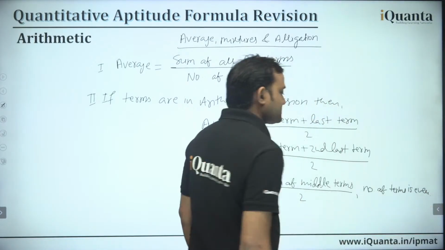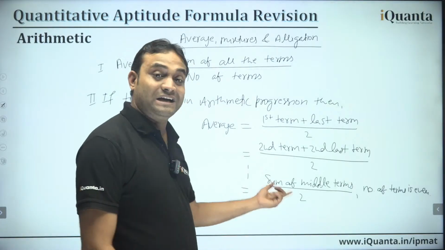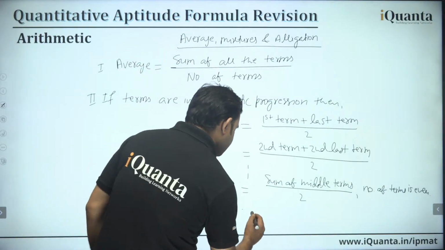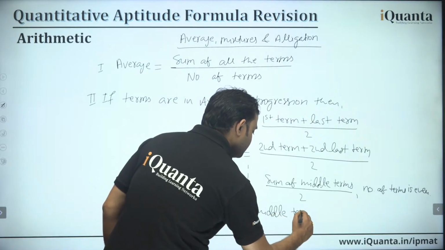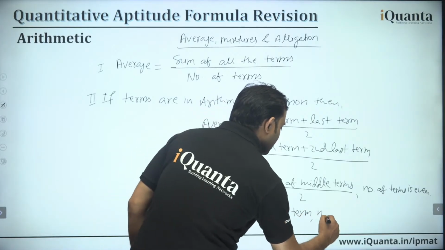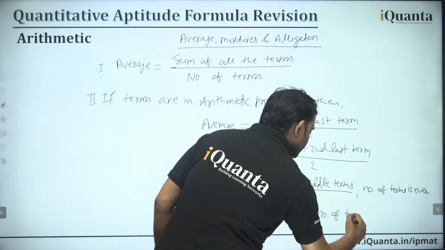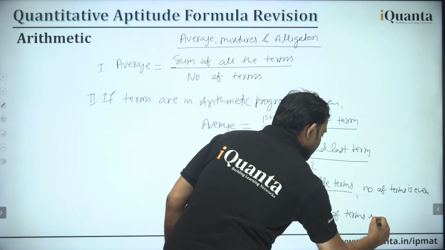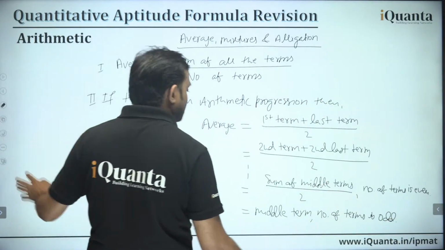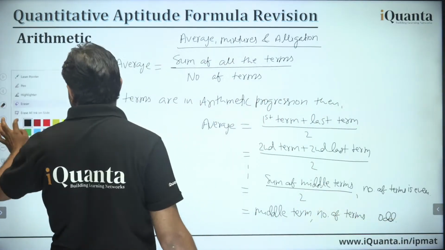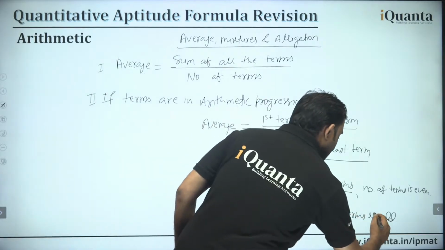When number of terms is even, you can use the middle terms as well. And when number of terms is odd, then the average will be the middle term, only the middle term.